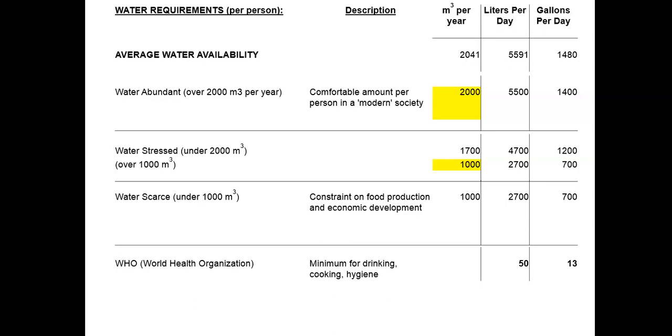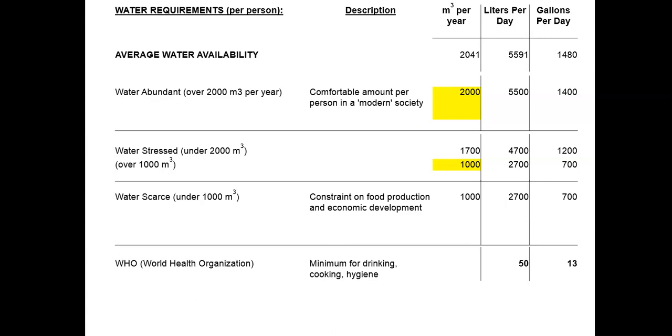So one of the things to really understand is why do we need 1,400 gallons per person available for a modern society to have enough water effectively to be comfortable, when the World Health Organization says we only need 13 gallons per person, right? Why do we need more than 100 times that much per person? Well, it's because a tiny fraction of the water we need is for direct cooking, drinking, and hygiene.